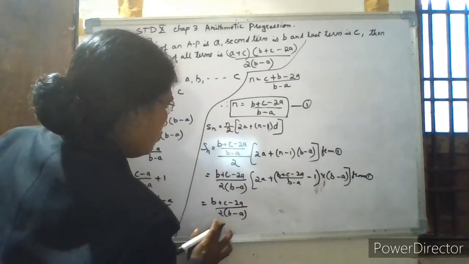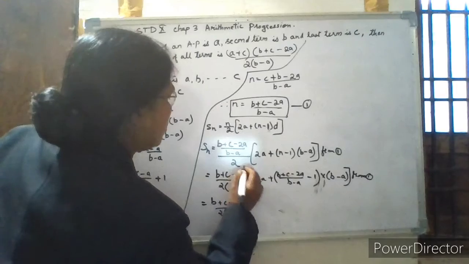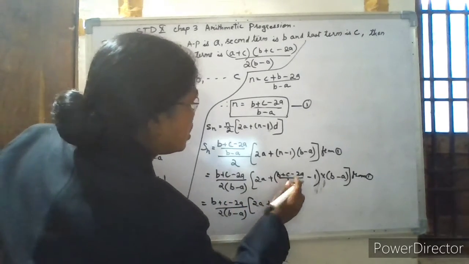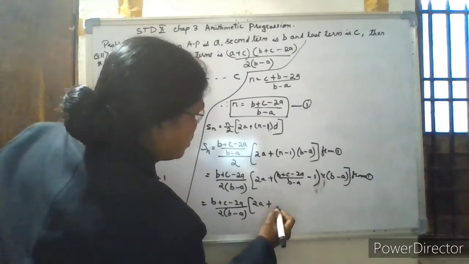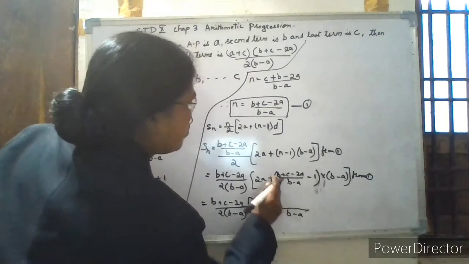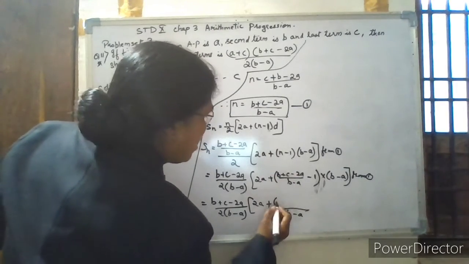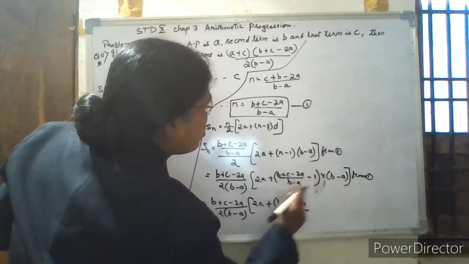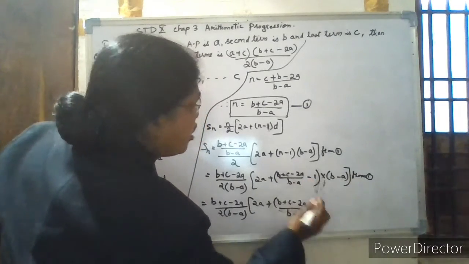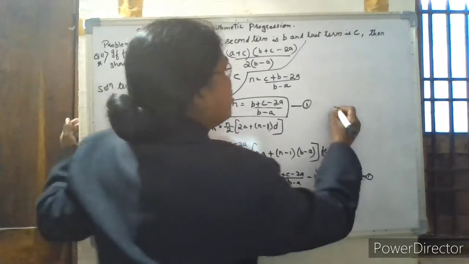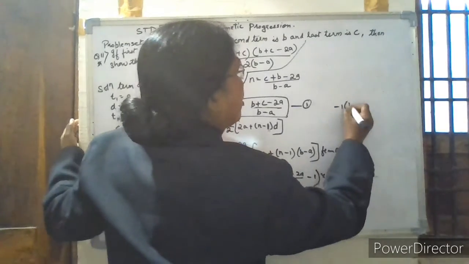N by 2 into 2a plus, here we have to do cross multiplication. So here we get b minus a as it is. Then this will be b plus c minus 2a, and minus 1 into b minus a. If you multiply, what do you get?